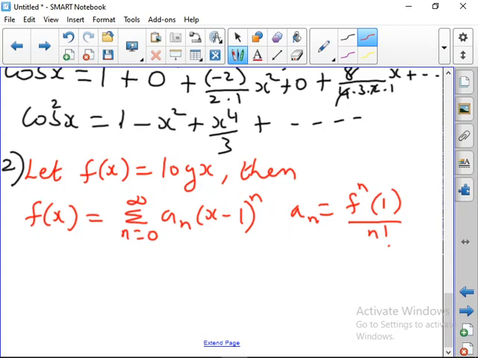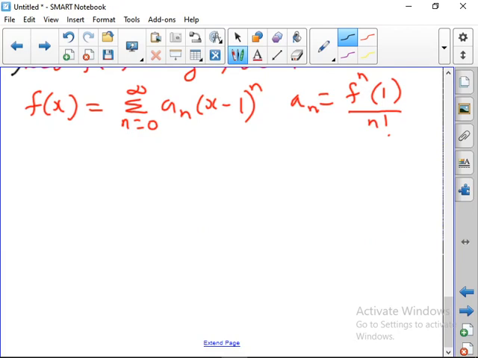So now we will do this. So same like Maclaurin's, here also we will make the table. So when you make the table, what is this? F of x and its derivatives.